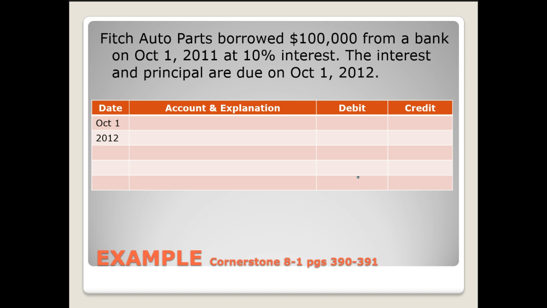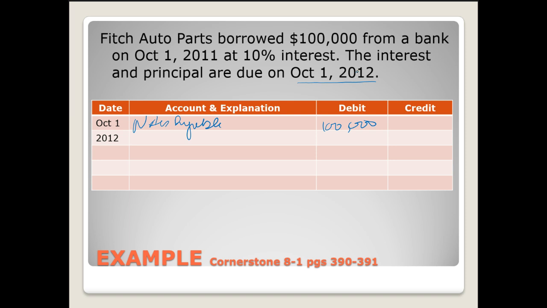Now, what do we do on October 1st, 2012 when this is actually due? Well, we no longer have the liability of the notes payable, so I can clear that liability. I would make a debit entry for the full $100,000. There would also have been, from January 1st, 2012, all the way through October 1st, 2012, 9 months of interest.